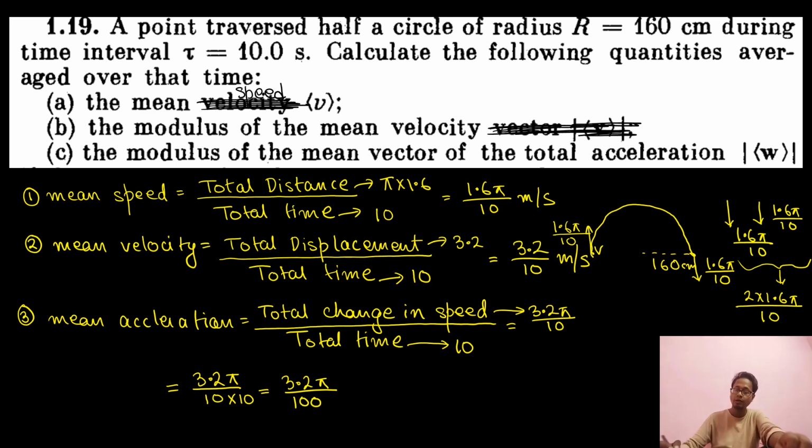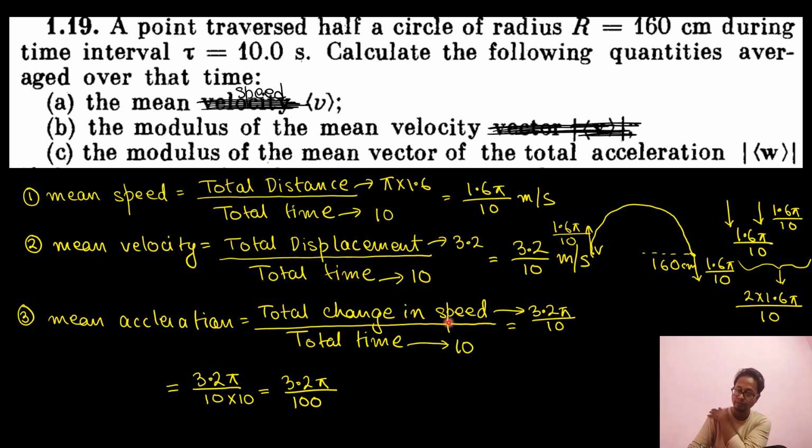One more thing, the instantaneous speed out here is equal to the instantaneous velocity out here. The average velocity might be 3.2 divided by 10, but that doesn't correspond to the instantaneous velocity. But mean acceleration is equal to total change in speed or total change in velocity, or final velocity vector minus initial velocity vector.